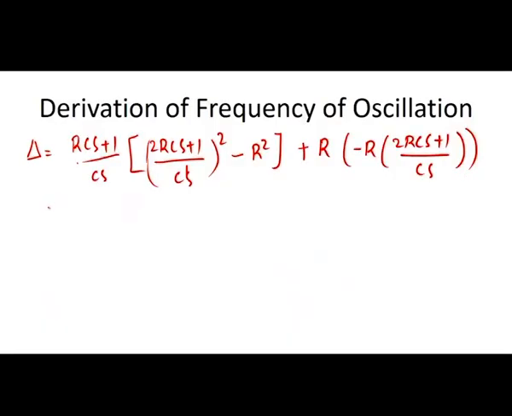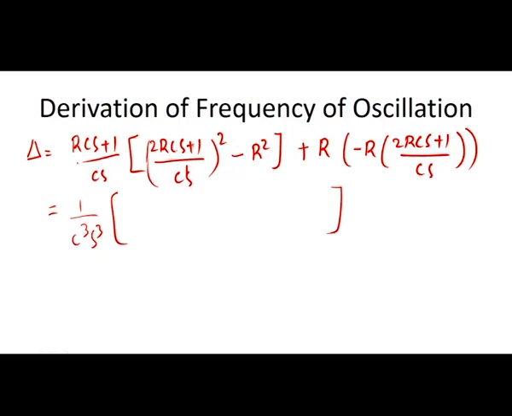Now you have to multiply the term and you have to take this Cs out. So when you square the Cs, you will have here C cube S cube out. Similarly here, commonly you have to take C cube S cube out, and finally you multiply inside, you apply the theorem (a plus b) the whole square.